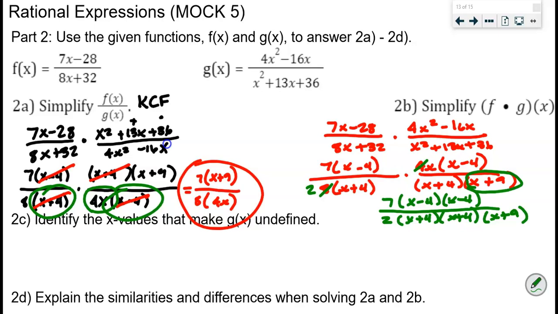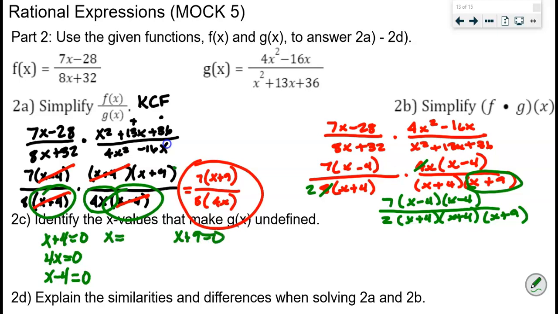So for the first one, it would be x plus 4 equals 0, 4x equals 0, and x minus 4 equals 0. And then also, remember, this actually started in the denominator, so we still have to do that. So it's going to be x plus 9 equals 0. So these are all the values that it could not be, right?